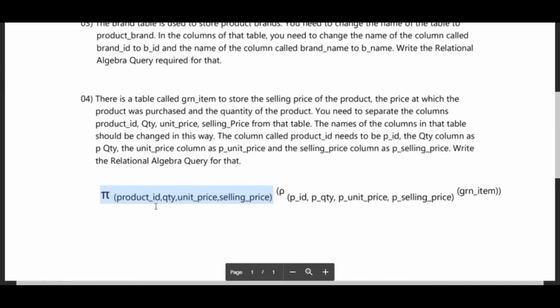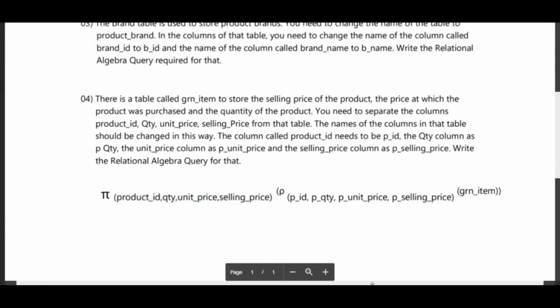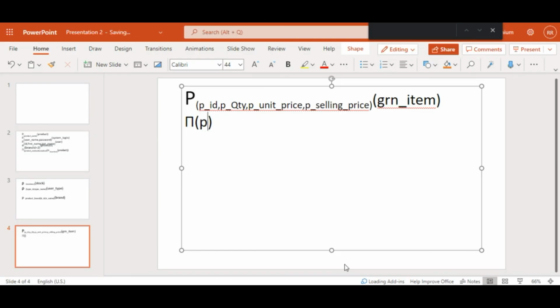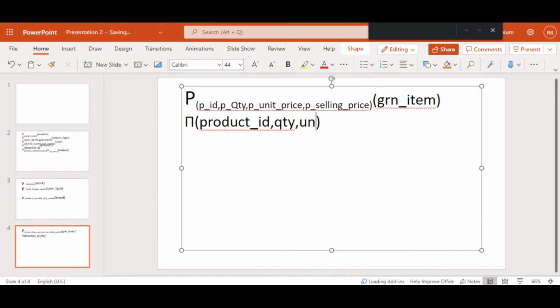We need the product ID, the quantity, unit price, and selling price. So I need the product ID, I need the quantity, also I need the product unit price, and selling price.